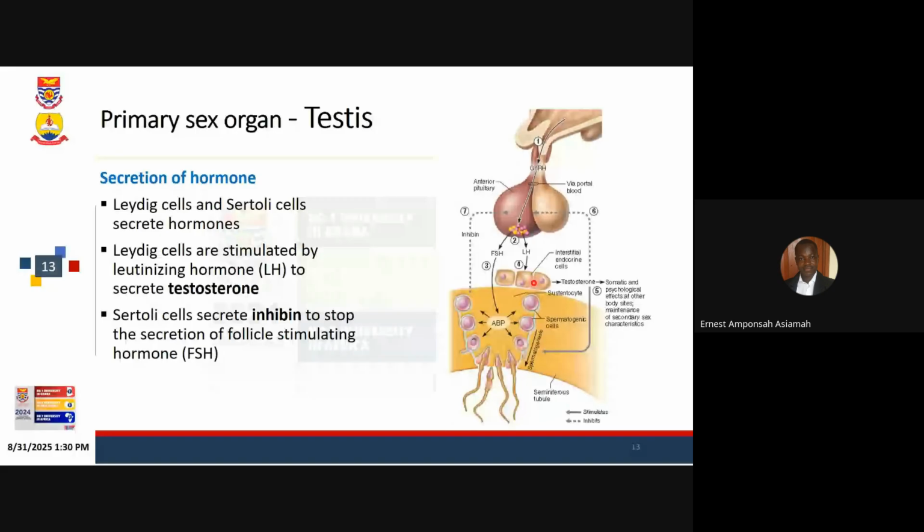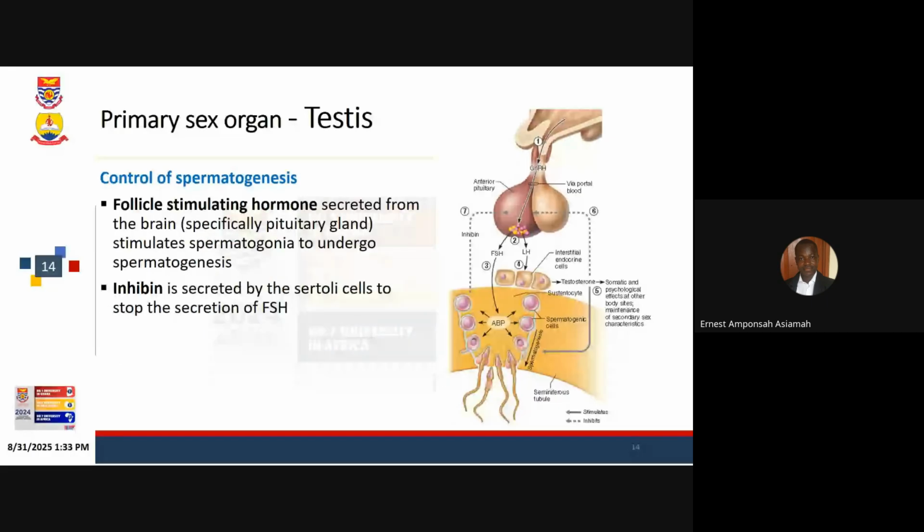Then the LH will act on the interstitial cells or the Leydig cells so that they will produce testosterone. From the Sertoli cells exits another hormone called inhibin. Inhibin goes to the pituitary gland and stops the secretion of these two hormones, FSH and LH.